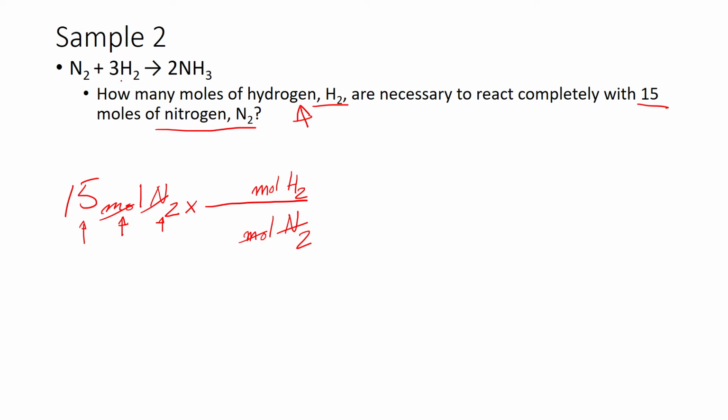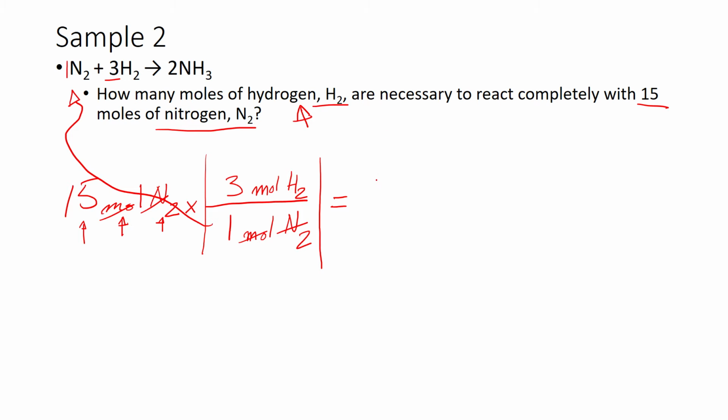And if you look here, for every 1 nitrogen gas, there are 3 hydrogens. For every 1 nitrogen, there are 3 hydrogens. Again, in this conversion unit, I use the chemical equation right up here. So this becomes pretty simple: 15 times 3 divided by 1.